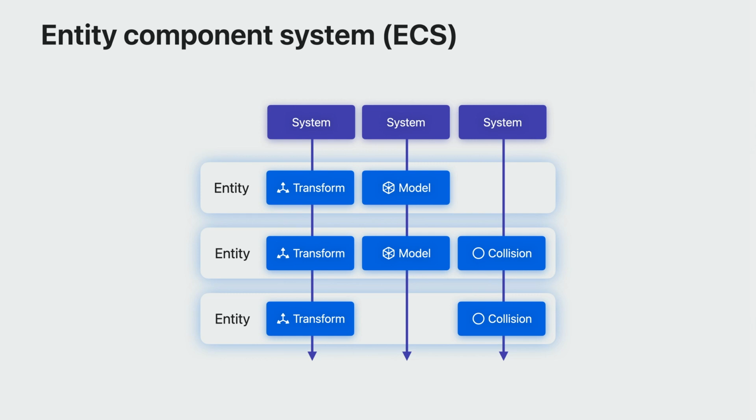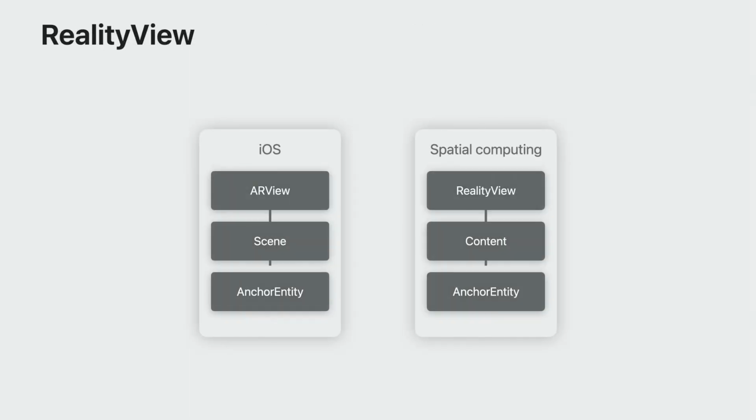A lot of the concepts used by RealityView for spatial computing carry over from those of ARView on iOS. Let's see how these two stack up. Both views are event-aware containers to hold the entities you wish to display in your app.